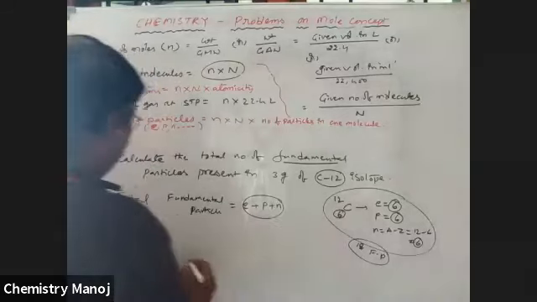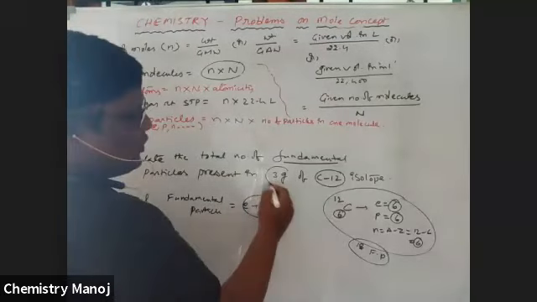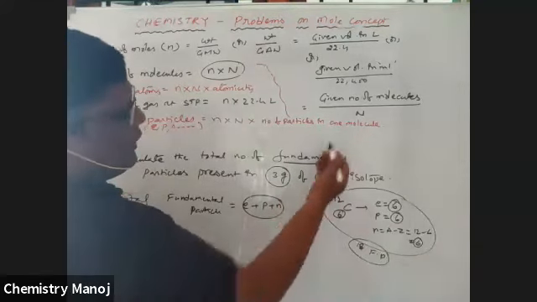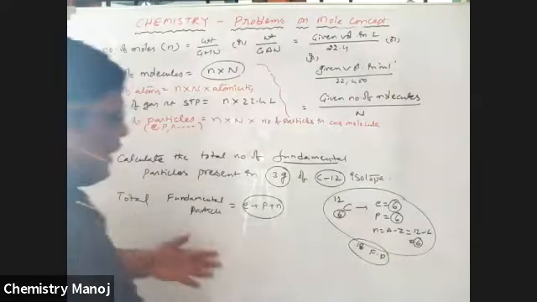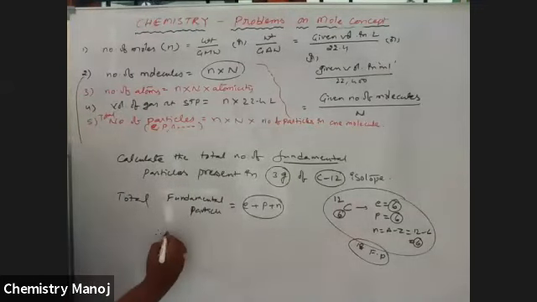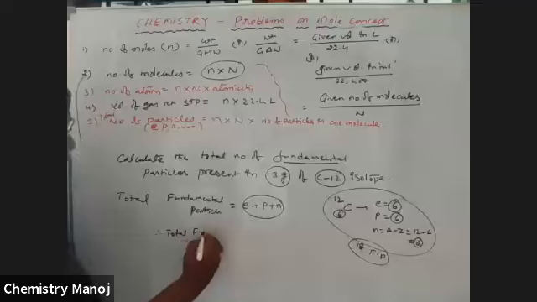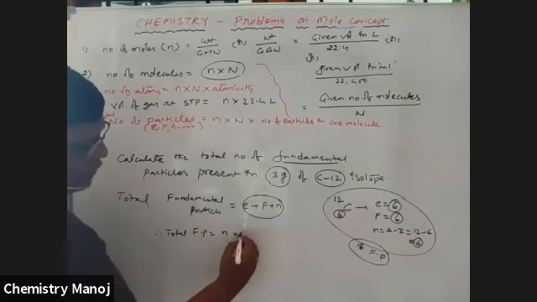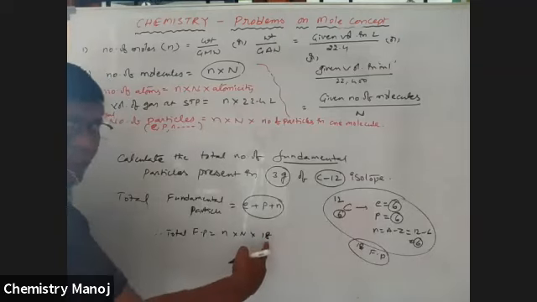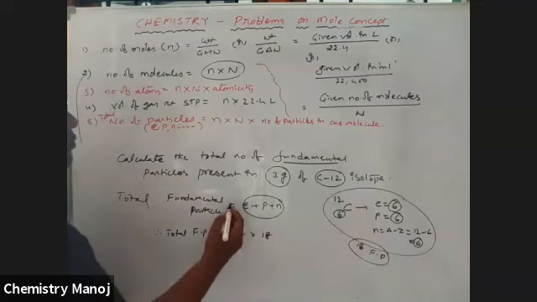Now, total fundamental particles in 3 grams. So in place of the number of particles in one molecule, we apply the number of fundamental particles. Total fundamental particles is equal to small n into capital N into 18. Small n is weight by molecular weight.